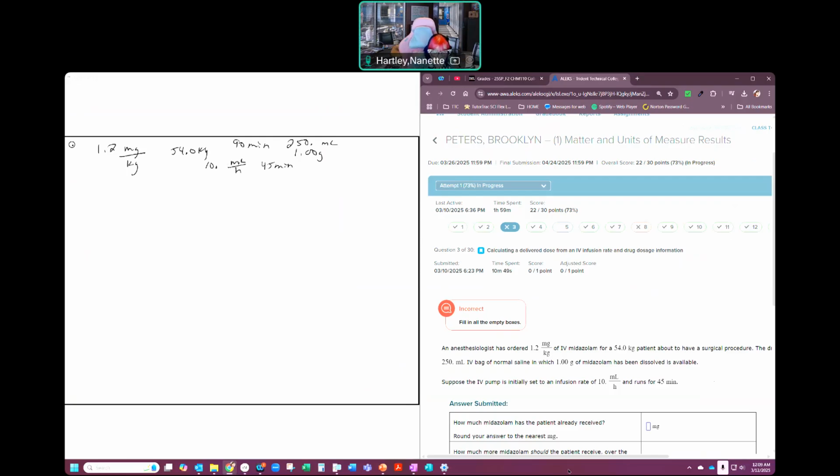What I'm going to do is multiply them together, because if I multiply the number of milligrams per kilogram times the number of kilograms, that'll tell me how many milligrams this person needs to have delivered to them. So I take the 1.2 milligrams per kilogram and multiply that by the 54.0 kilograms.